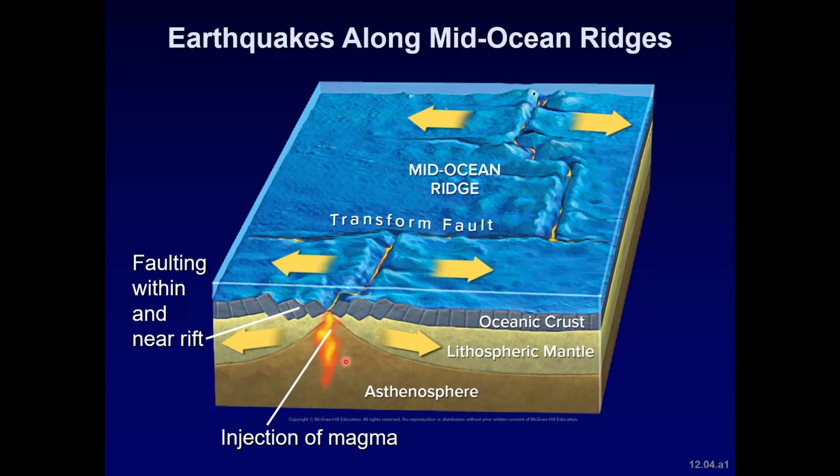Shallow, medium-sized earthquakes would occur along the axis of that ridge where normal faults downdrop blocks. And then faulting on transforms, that is where you have shallow strike-slip earthquakes occurring along transform faults that are associated with the divergent boundaries there on the mid-ocean ridge.